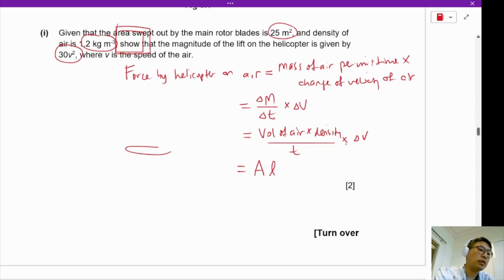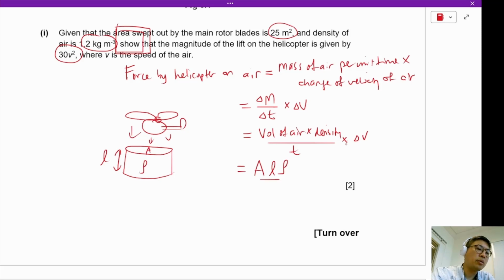So this is the air that is coming out, and this is the length of the air column. Here's a helicopter, and this is the air that's coming out of the helicopter. This is area, this is length, this is density.